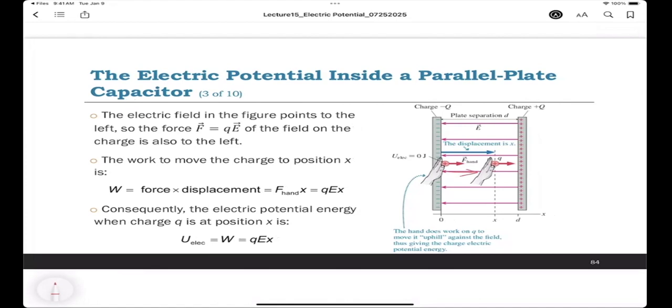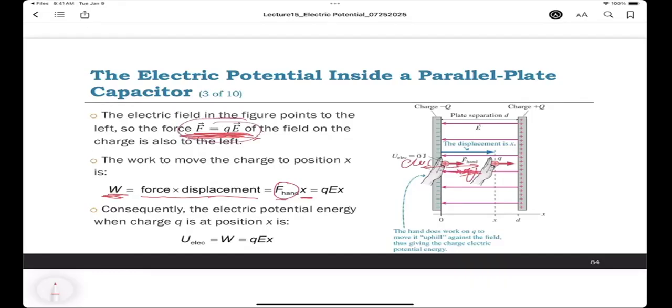So the force of the field on the charge, equal to QE, is also to the left. The work to move the charge to position X equals force times displacement. The force is the hand force, and the displacement is X. There is a net force in one position, and the other force is just the electric force, calculated using this equation.